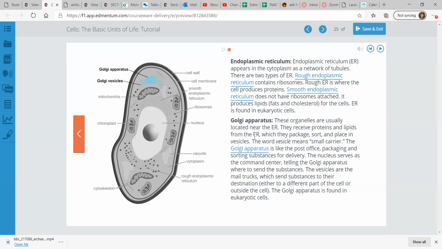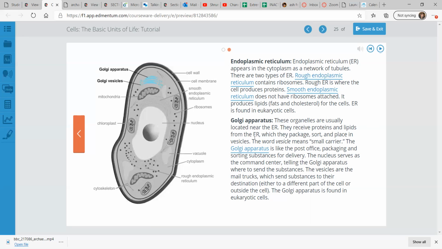So in my mind, if I hear vehicle, you can put stuff in vehicles and then carry them elsewhere. That's how my mind visualizes this word. The Golgi apparatus is like the post office, packaging, sorting substances, and then you deliver them.